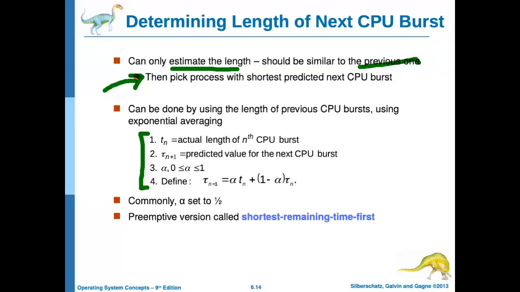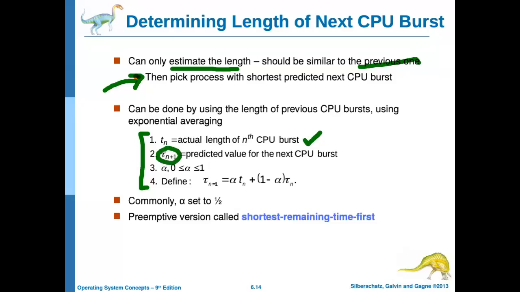Say, 4 CPU bursts are there. Now, the actual length is known for the CPU bursts which have already happened. Like the first burst has already happened. Now we know that length. So that means previous knowledge we have with us. So this is the actual length, and depending upon this actual length, we want to calculate this predicted length.